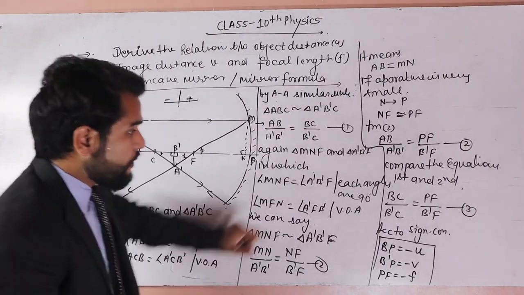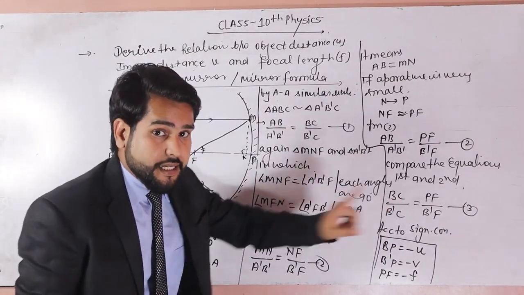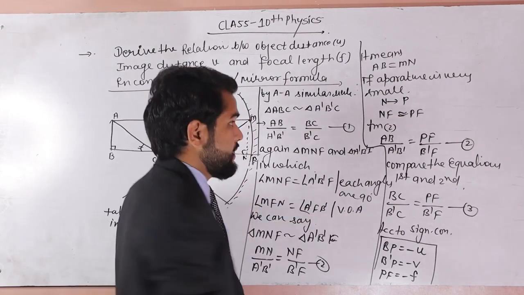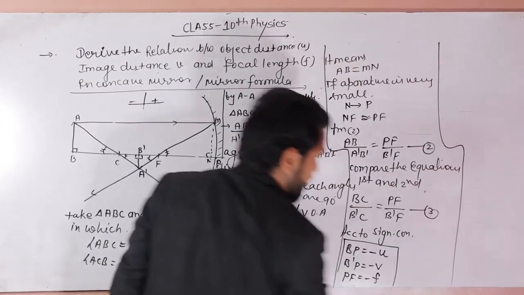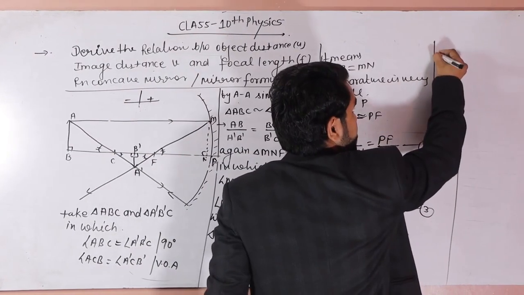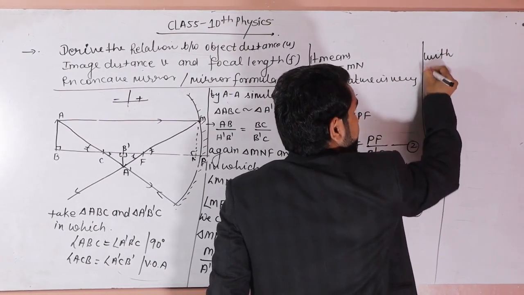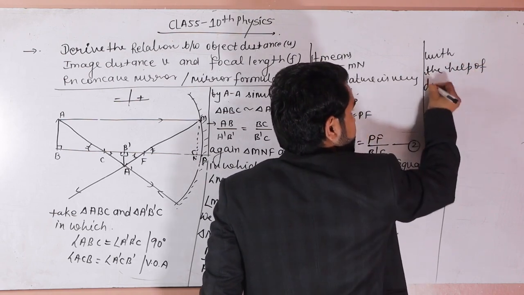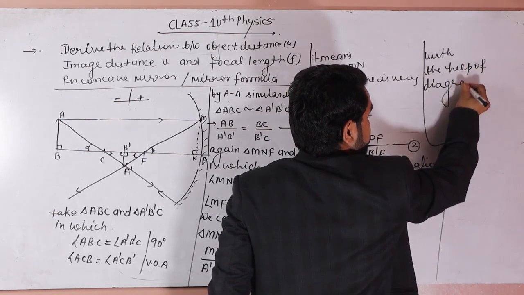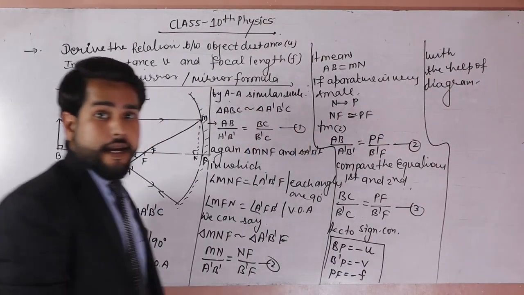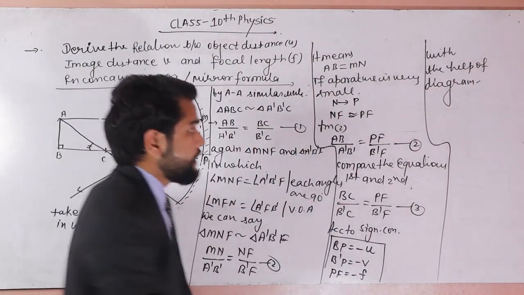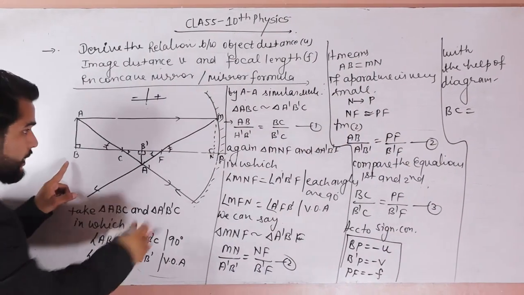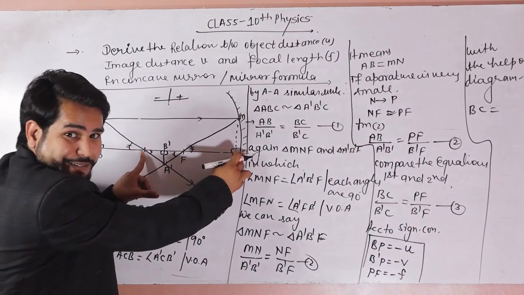So now how can we estimate the value of BC? How can we find the value of BC? With the help of the diagram, we can write BC is equal to BP minus PC.